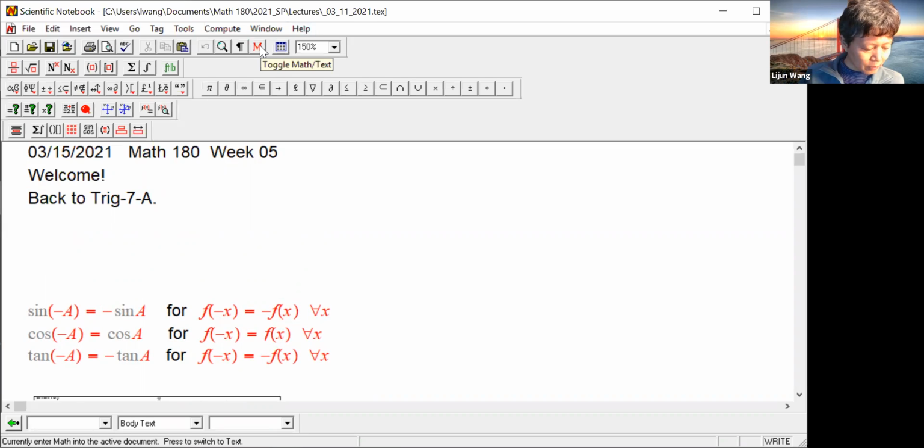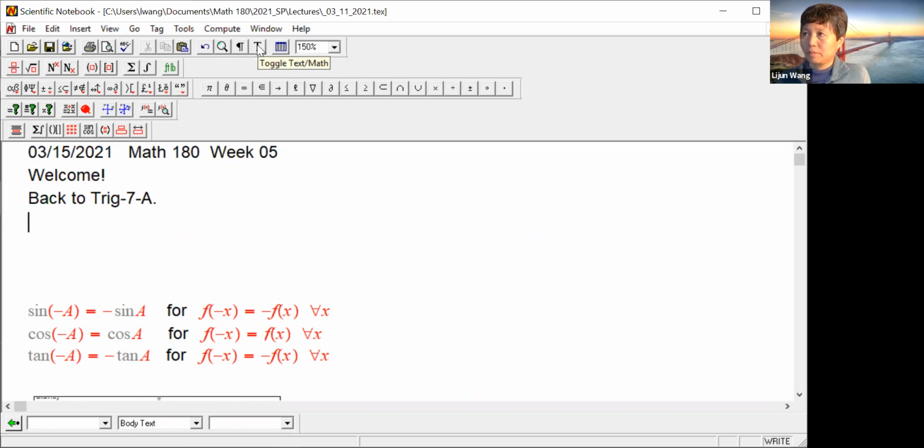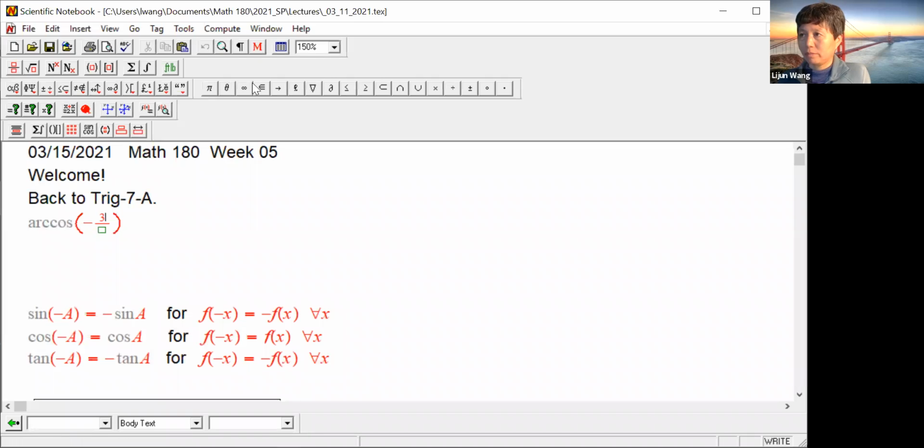This question, arc cosine of negative 3 pi over 4.